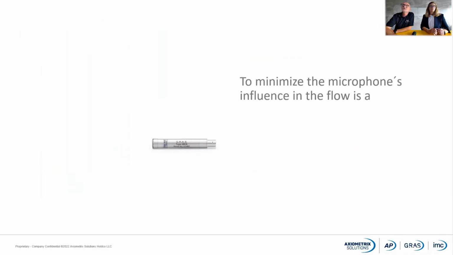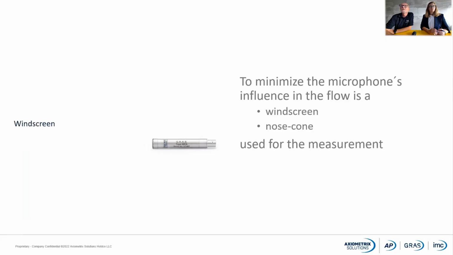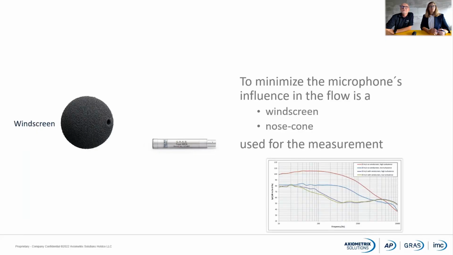So what are we going to do? We have to minimize the microphone's influence in the flow, and it can be done by a windscreen or a nose cone for these measurements. Windscreen we can add here, and if we look at the graph, then we can see the influence of a windscreen when we add it.